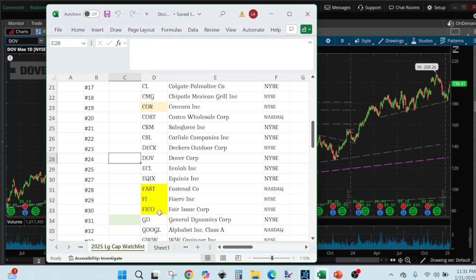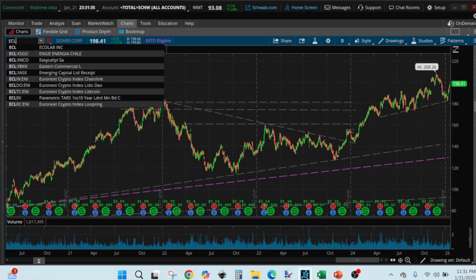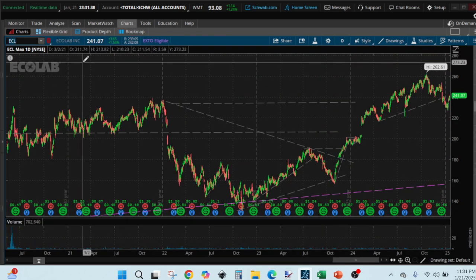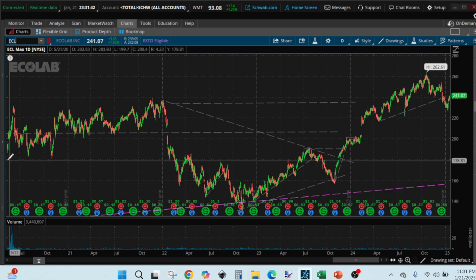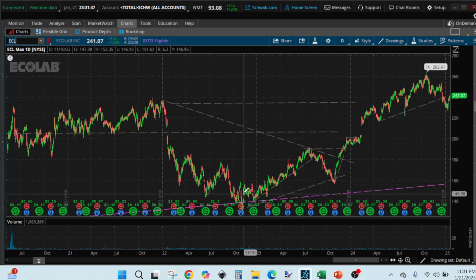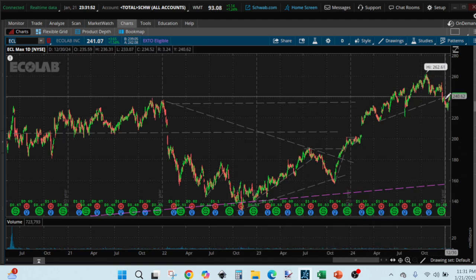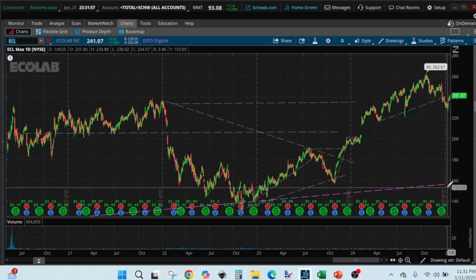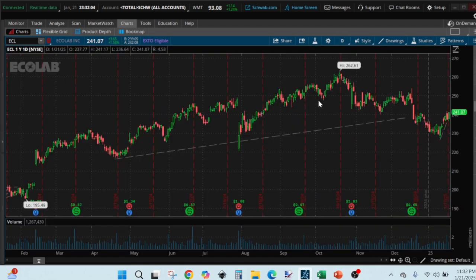The next one is ECL. ECL, we like to buy at this trend line. It does make a wide mountain here, and when it touched base with it, it's making another wide mountain. We just don't know when it will be done with it and will start to pull back, but we just want to wait on it at the valley instead of dropping into the fray.